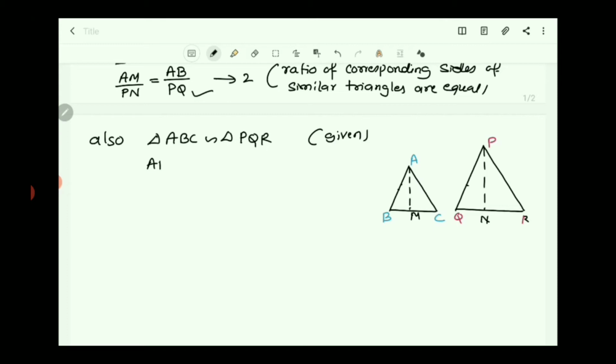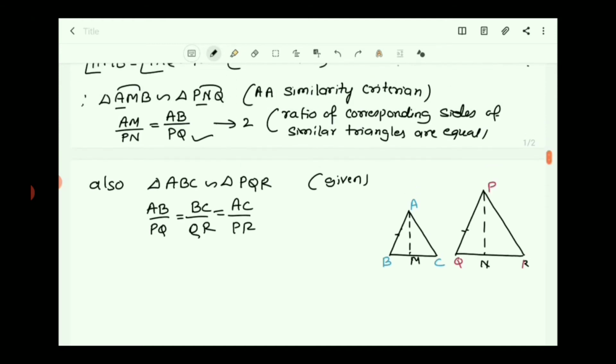So you write AB by PQ is equal to BC by QR is equal to AC by PR. That is the reason, the ratio of the corresponding sides of similar triangles are equal. Now you consider this as third one.